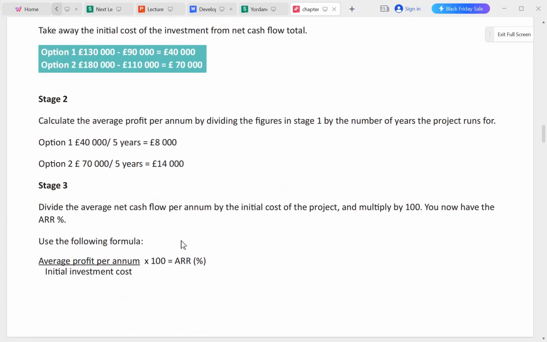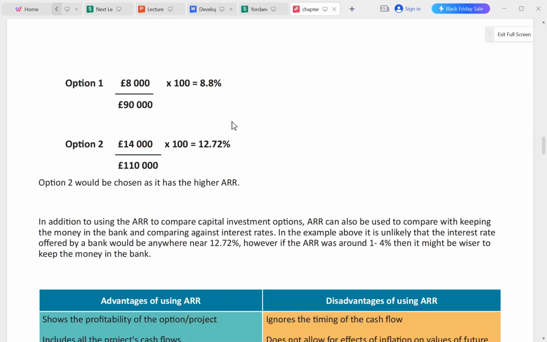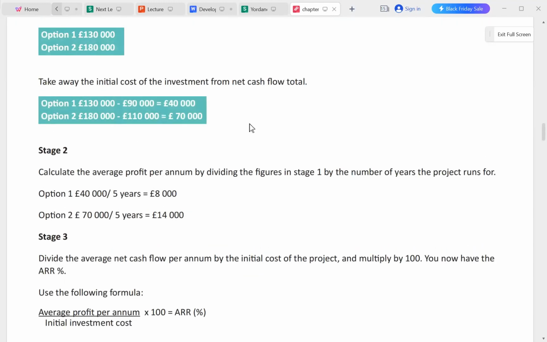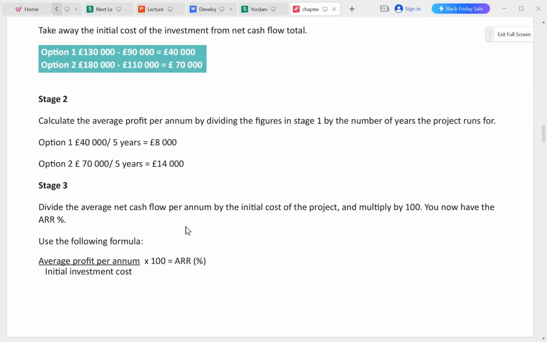Then stage 3: divide the average net cash flow per annum by the initial cost of the project and multiply by 100, because we are going to put the ARR in a percentage. So, going back to stage 2, we got 8,000 for option 1 and 14,000 for option 2.